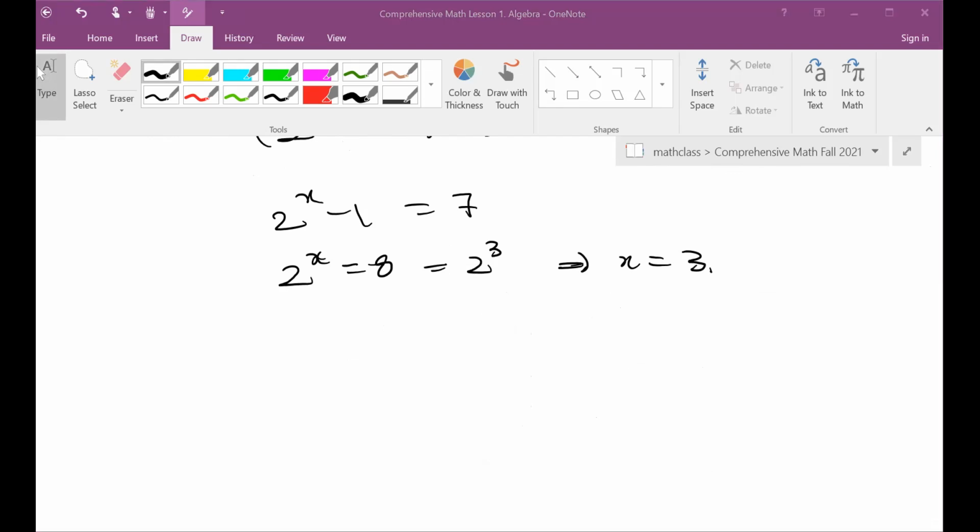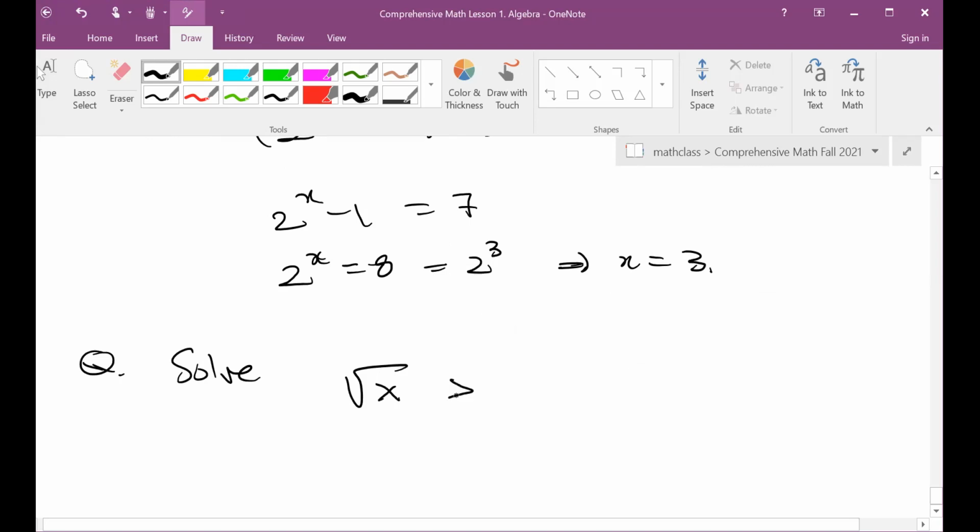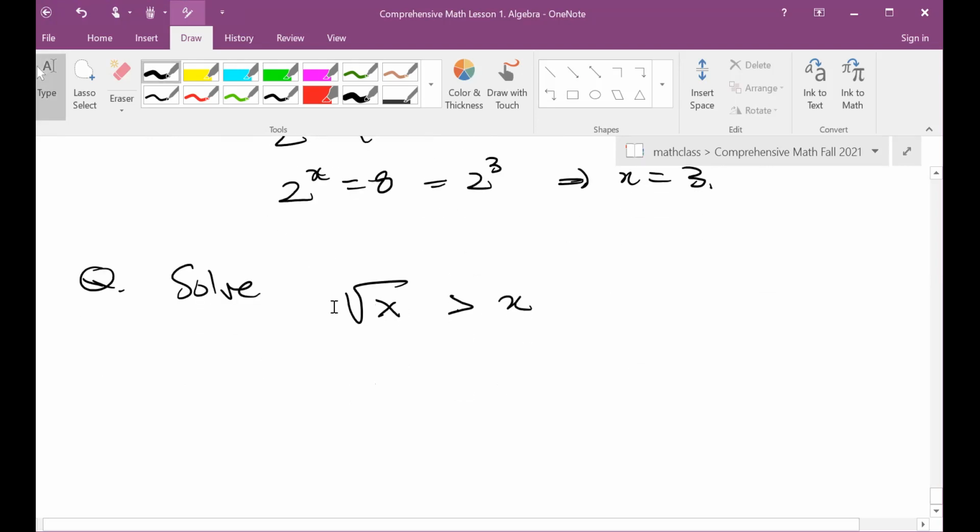All right, so the next problem is an inequality problem. Solve square root x greater than x. All right, please go ahead, try to solve it.